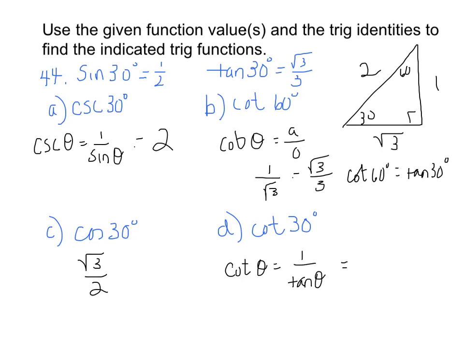And so I have 1 over, so that's going to be 3 over the square root of 3, which rationalized is 3 square root of 3 over 3, which is just the square root of 3.